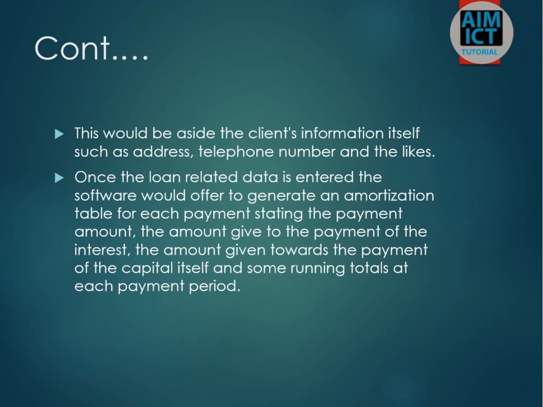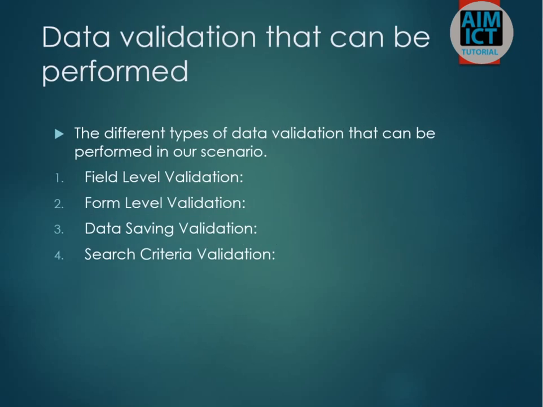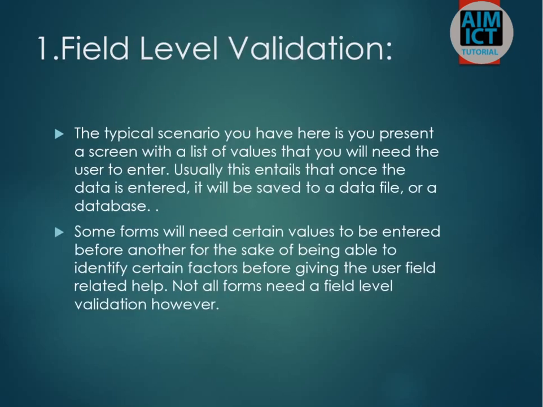That is how data validation can be performed. Data validation can be performed at field level, form level, data saving, and search criteria. Everywhere there is data validation. Everywhere. How in the field level? Typically, you have the screen in front of you.